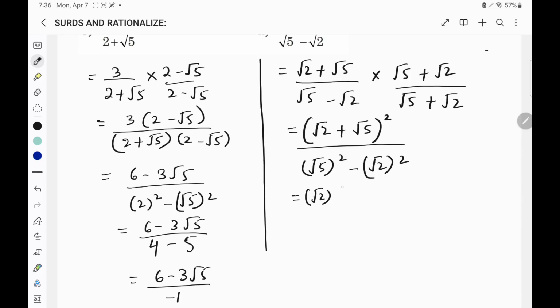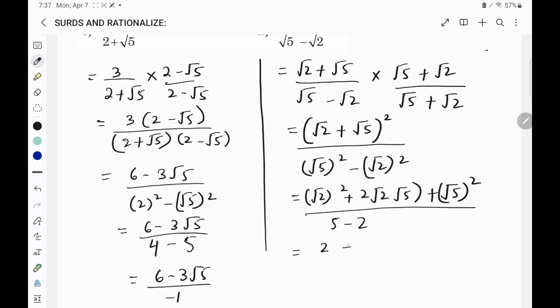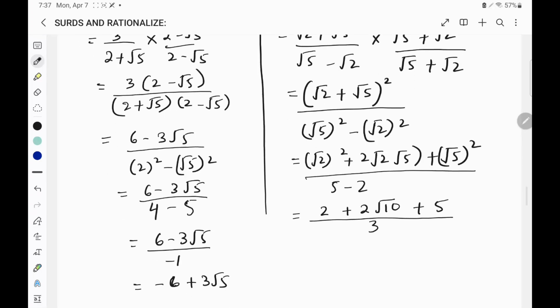So a square plus 2ab plus b square upon 5 minus 2, okay, which is 3. Square root of 2 square means 2, and then it is 2 square root 10, and then square root 5 square means only 5, divided by 3. So we got rid of the surd in the denominator. We rationalized. 7 plus 2 square root 10 divided by 3 is your answer.